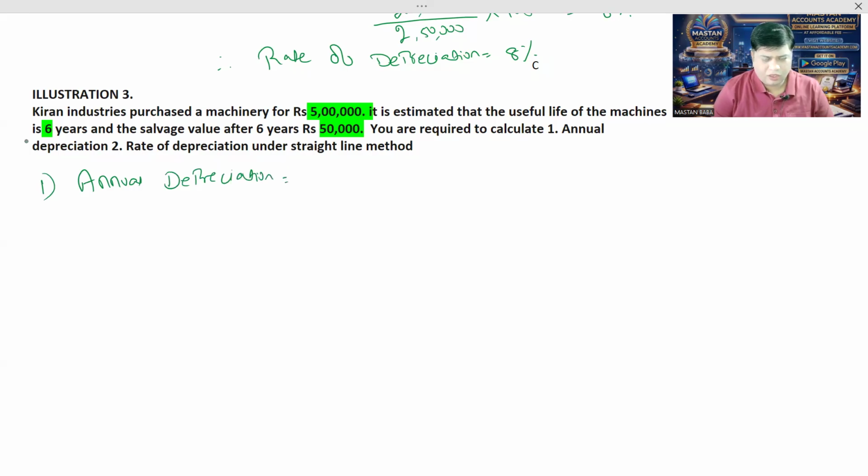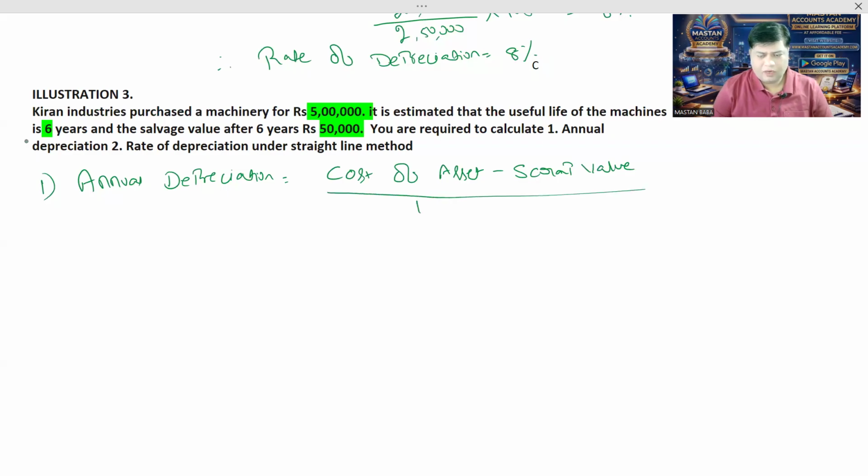Hope you know the formula now. Cost of asset minus scrap value divided by lifetime of the asset or useful time of the asset. So substitute the values here.